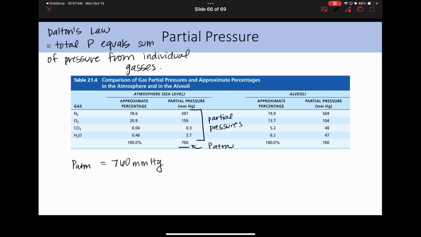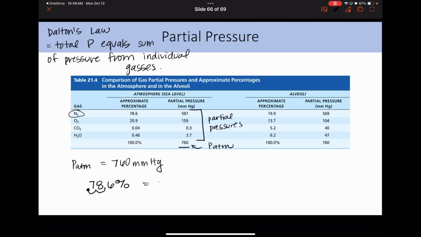And so what we do in order to calculate these partial pressures, so let's start with nitrogen. Nitrogen is 78.6% of our atmospheric pressure. To figure out what the actual pressure is, I know it tells us 597, but we should be able to calculate that ourselves. So what you do is you divide by 100. You make this into a decimal, which is going to equal 0.786 when you divide by 100.